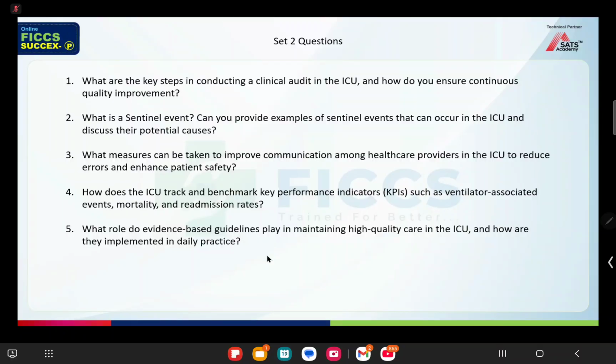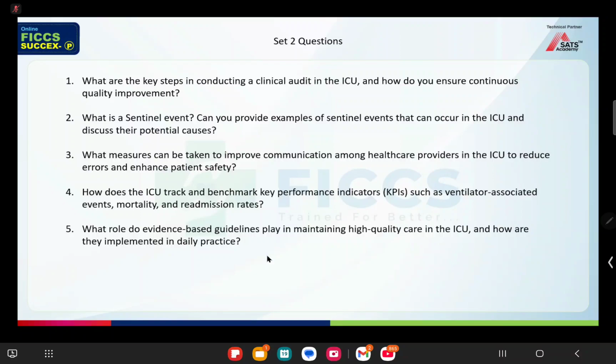What role do evidence-based guidelines play in maintaining high quality care in the ICU? So in critical care, we have some evidence-based guidelines. What are they? Any one example you take, please.